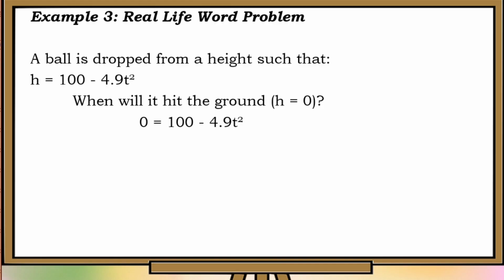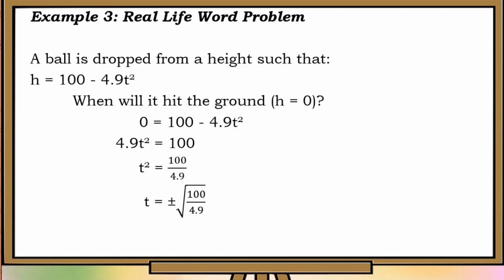So 0 equals 100 minus 4.9 t squared. Then transpose negative 4.9 t squared to the left side. So we have a working equation, 4.9 t squared equals 100. So t squared equals 100 over 4.9. Then get the square root of both sides. We have positive or negative square root of 100 over 4.9.